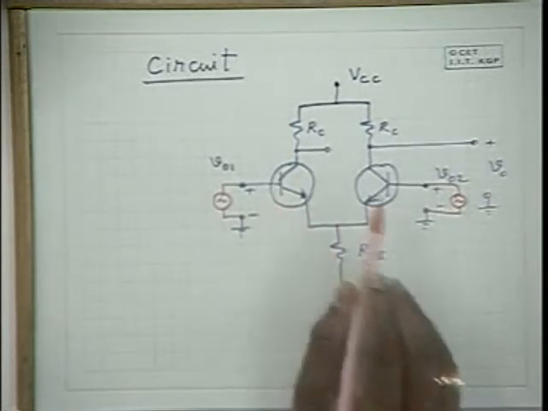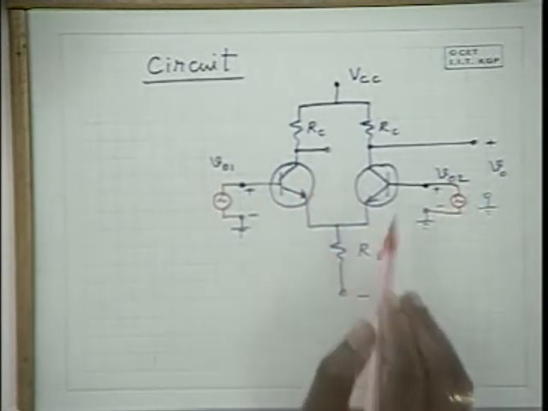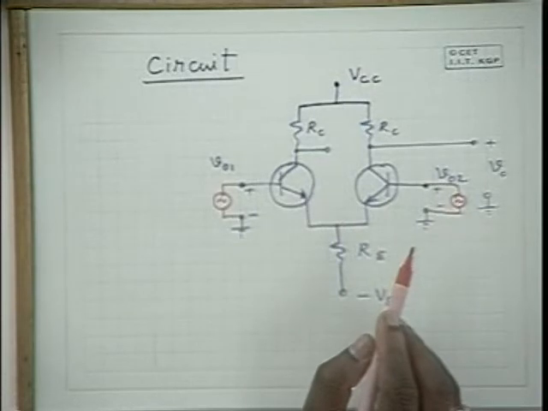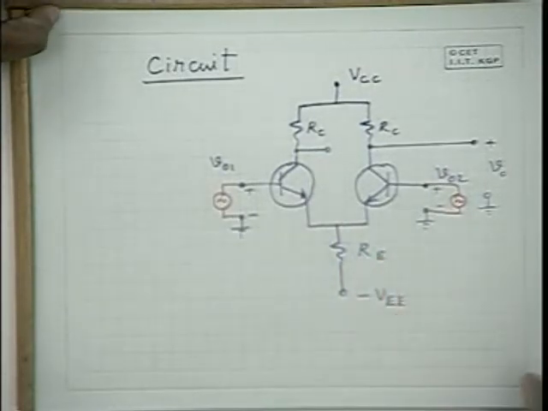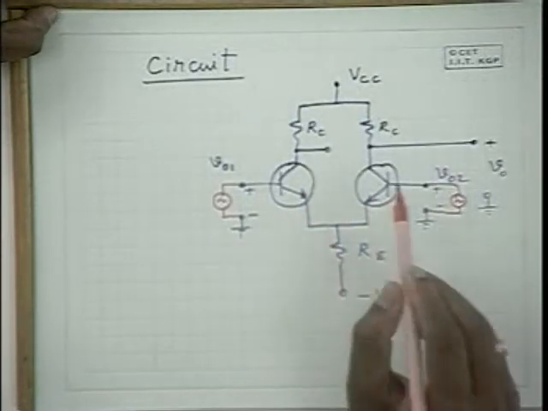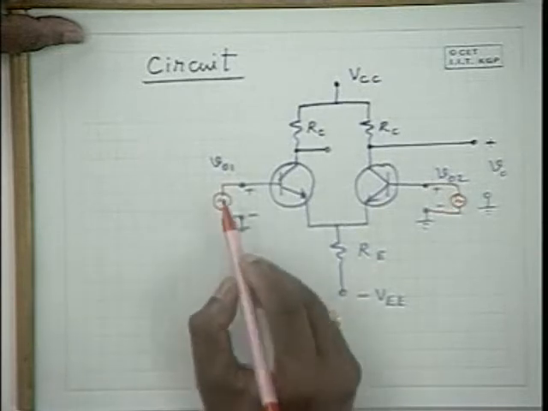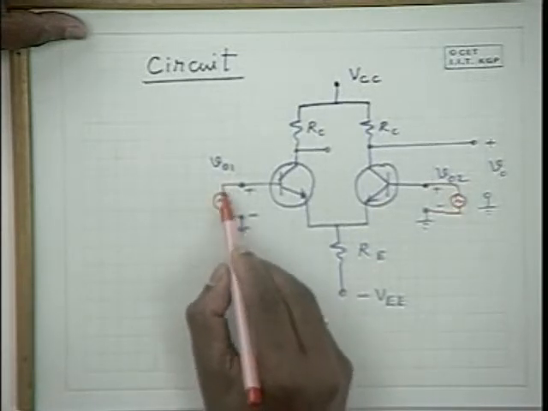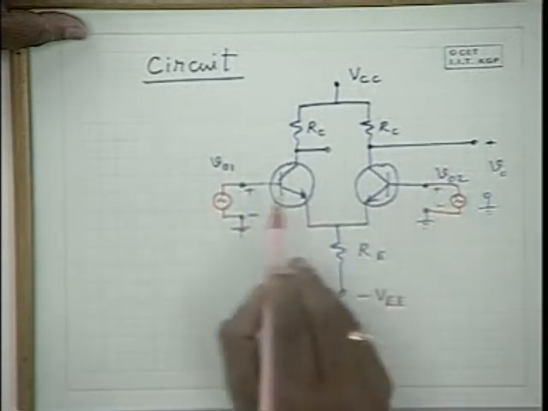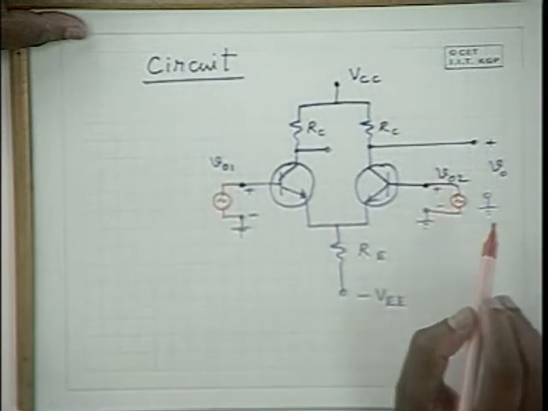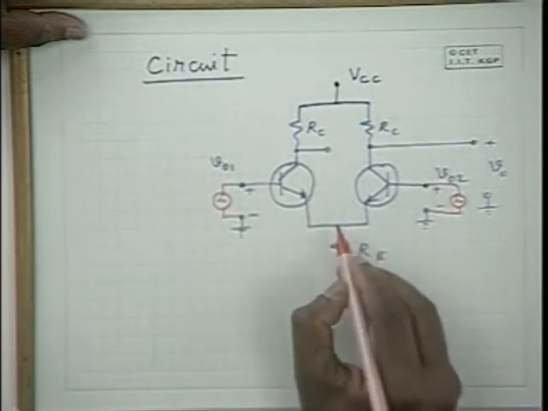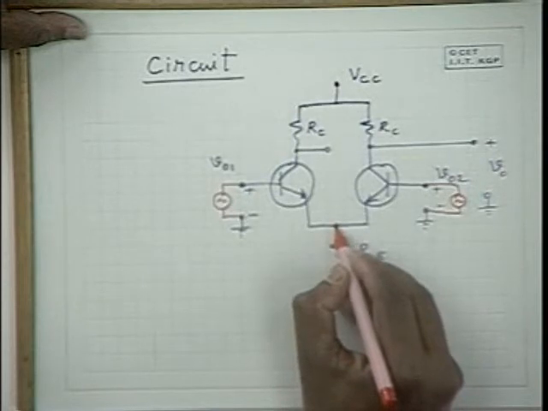Now before going into the operation of differential amplification, let us see how the biasing is provided here. In the absence of alternating signals, VO1 and VO2 are grounded. So that means what is the potential of this point E?